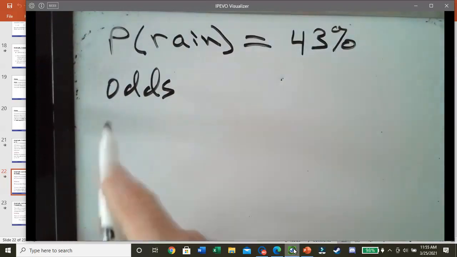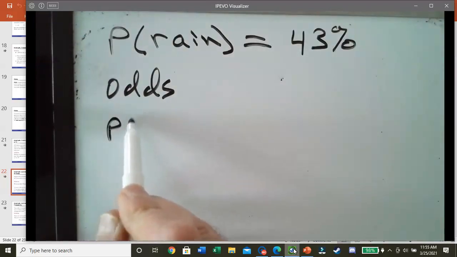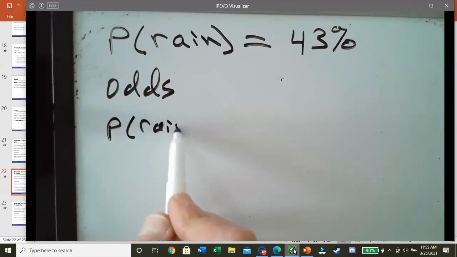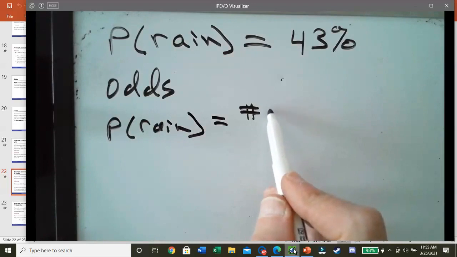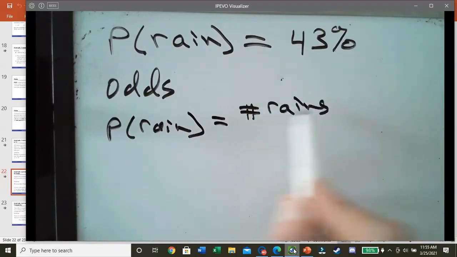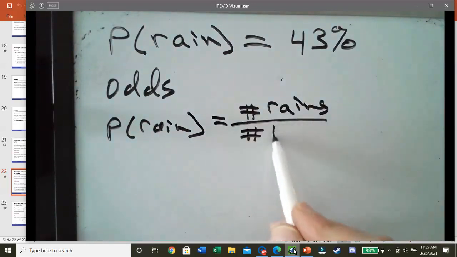So the probability of rain is the number of days that it rains over the total.